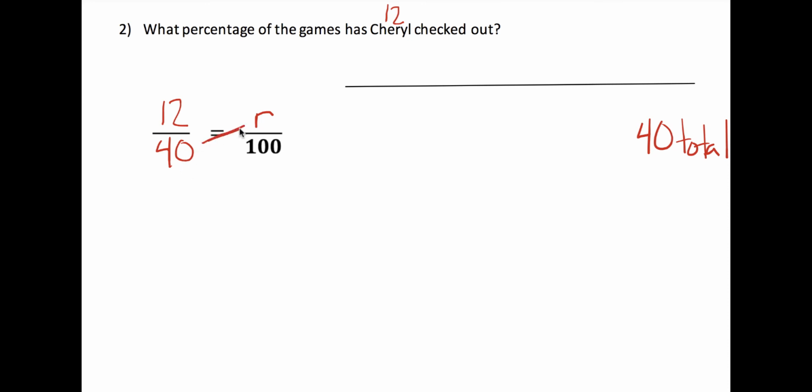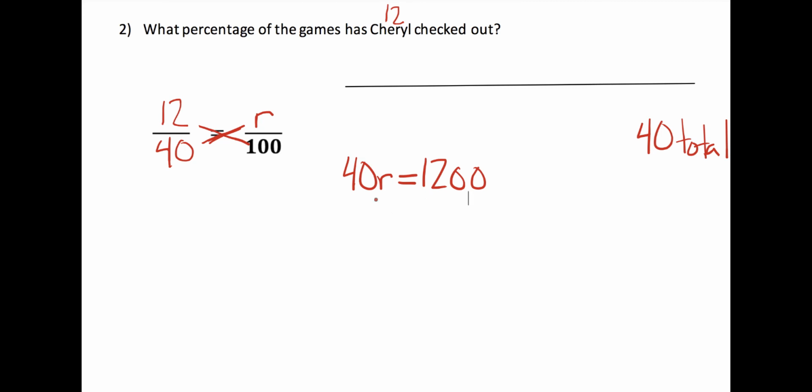40 times R, instead of drawing the butterfly, by the way, I'll just draw lines here. All right, 40 times R is 40R, equal to 12 times 100 is 1200. I can do that in my head. 12 times 1 is 12, and then I just add 2 zeros is 1200.